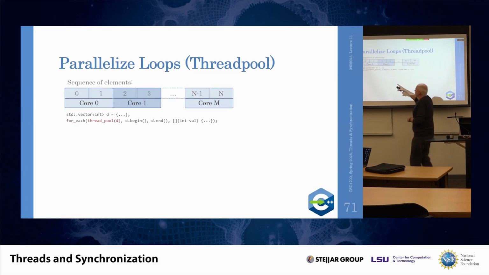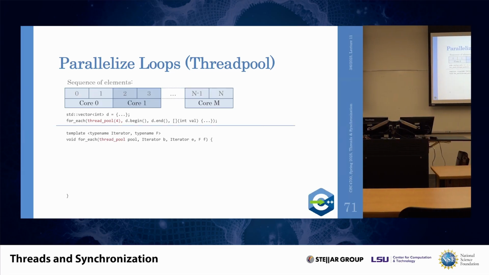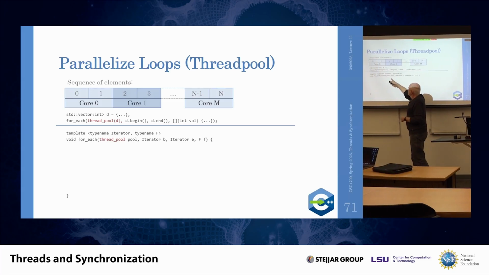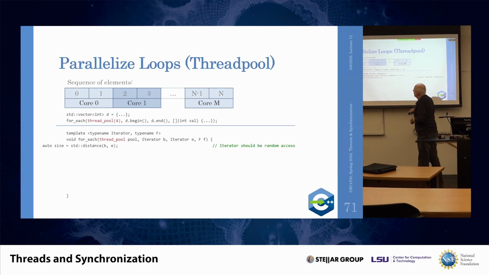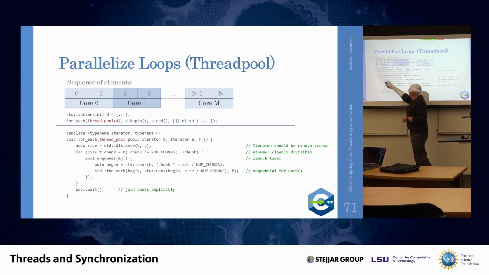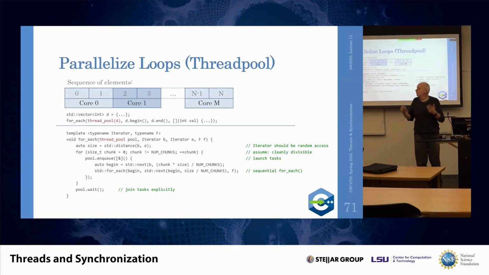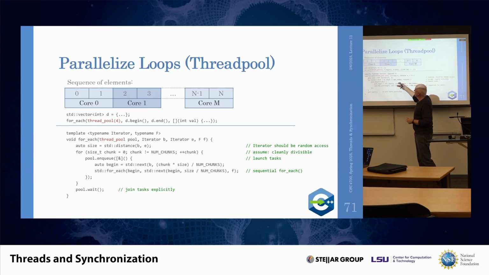For that, I'm just passing a thread pool now with 4 threads, and the implementation is almost the same as before, except that the argument now is a thread pool. The difference is that instead of creating a new thread, I'm calling pool enqueue here to add the next chunk of work to my thread pool.